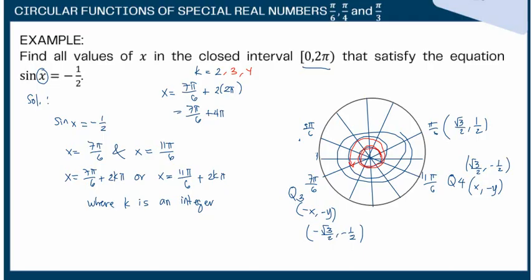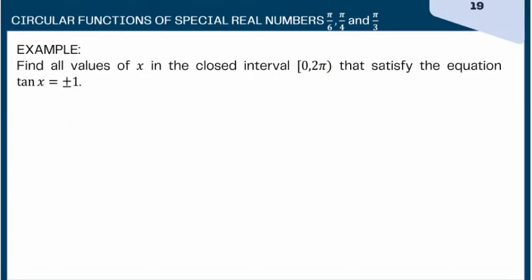Okay? Same case for our 11 pi over 6. If you set k as 2, it would just rotate twice and then go back to the same terminal side at 11 pi over 6. That is if no interval was given.